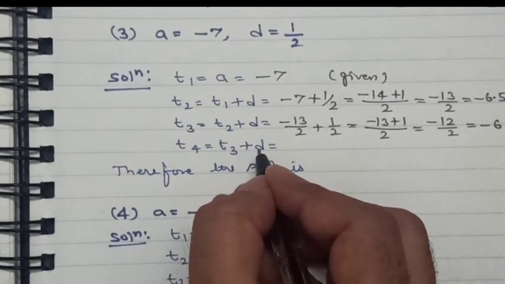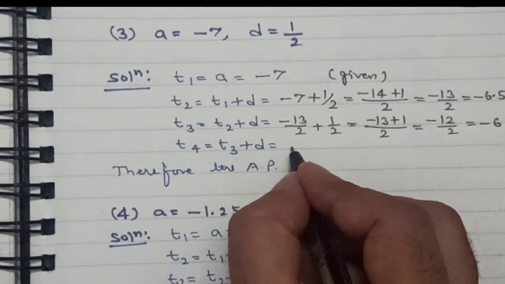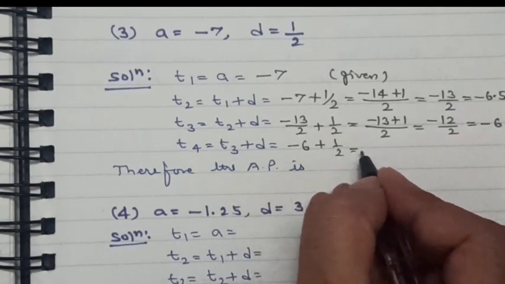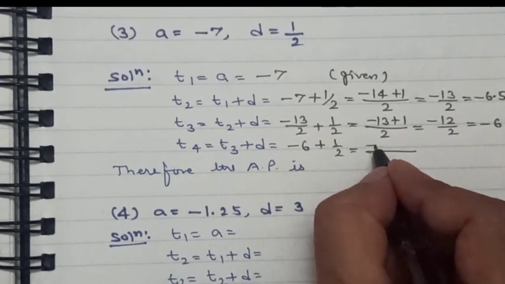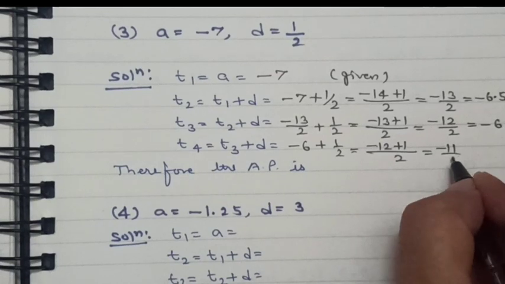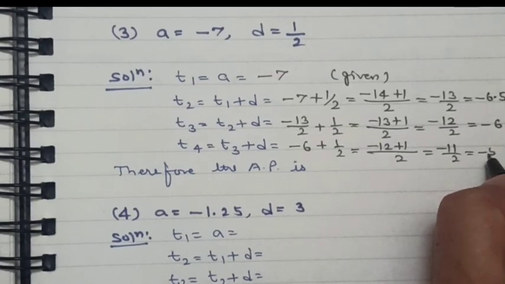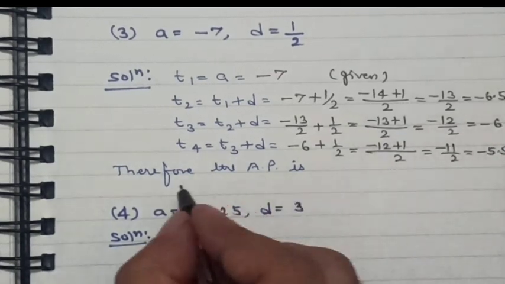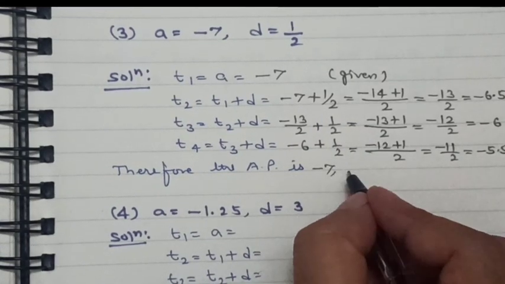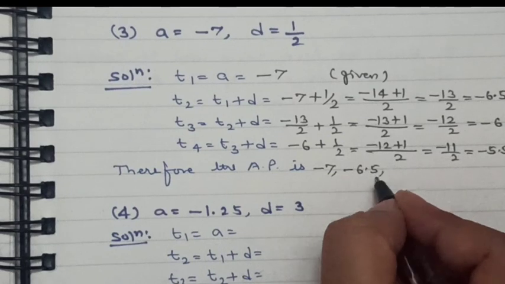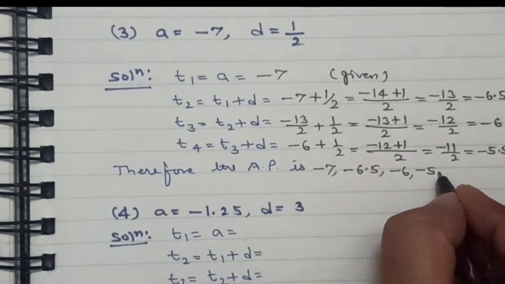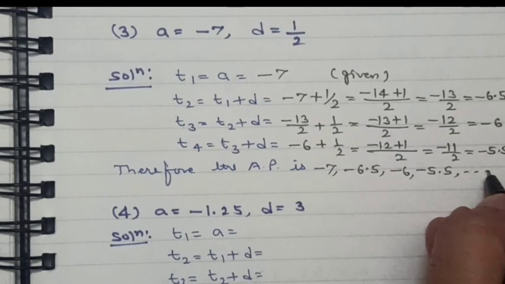T4 is T3 plus D. T3 is minus 6 and then plus 1 upon 2, which will give you minus 12 plus 1 upon 2, which is equal to minus 11 upon 2, and it will give you minus 5.5. So your AP is minus 7, minus 6.5, minus 6, minus 5.5, and so on.